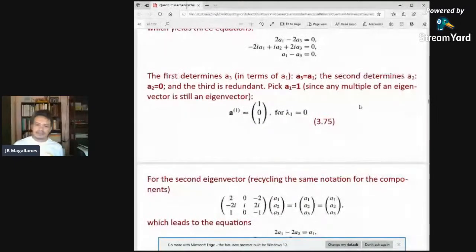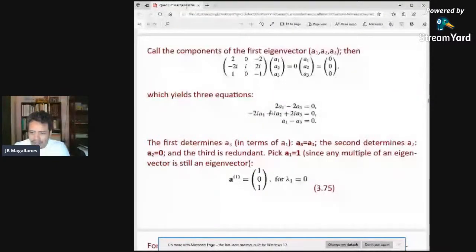So in this case, look at the first equation here. You can say that a3 is equal to a1. And the second determines a2.